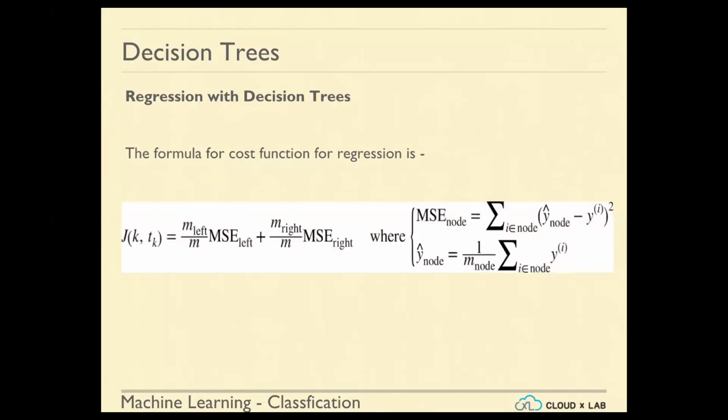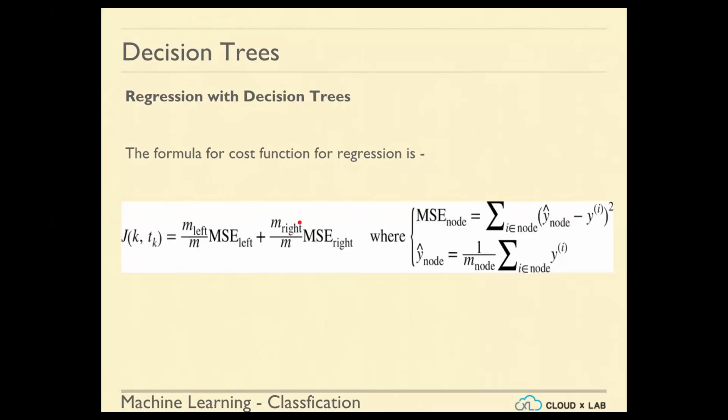We have to split the data such that the mean square error on the left multiplied by the total instances on the left, plus the mean square error on the right multiplied by the instances on the right, is minimized. So this is the cost function for regression.